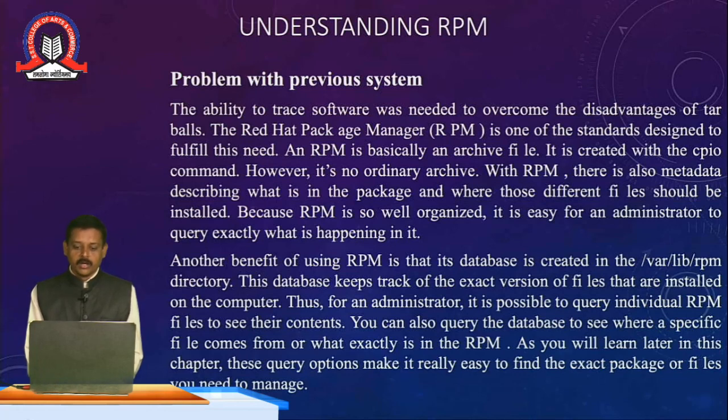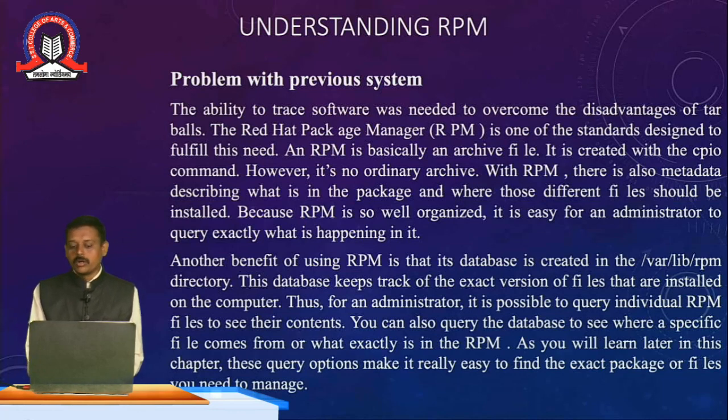So to overcome this disadvantage of tarballs, the Red Hat Package Manager, that is RPM, was introduced, and it is a standard design to fulfill these three needs and overcome these drawbacks. An RPM is basically an archive file, created with some command or combination of commands.